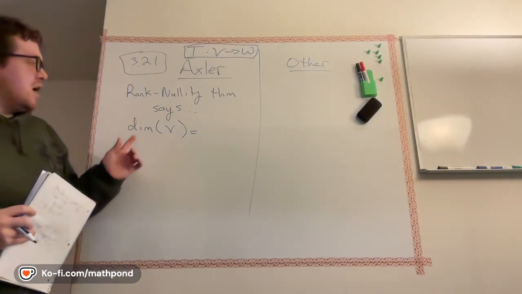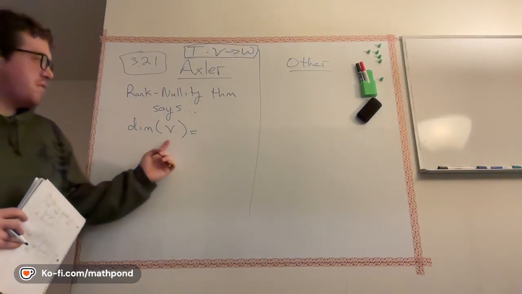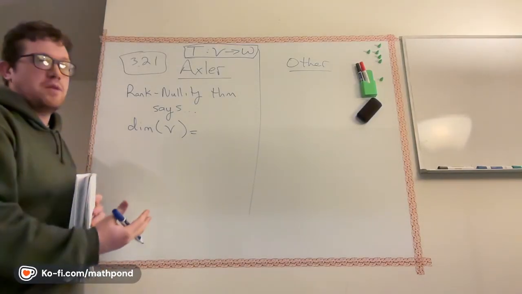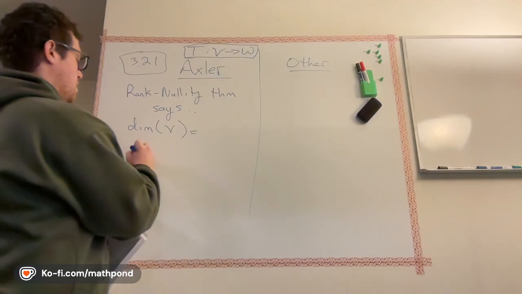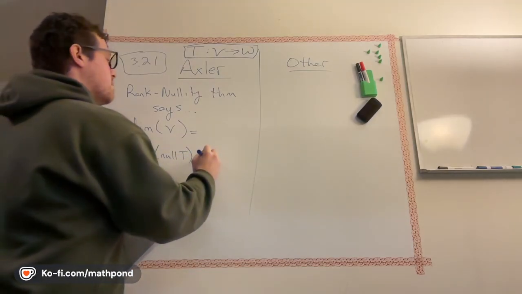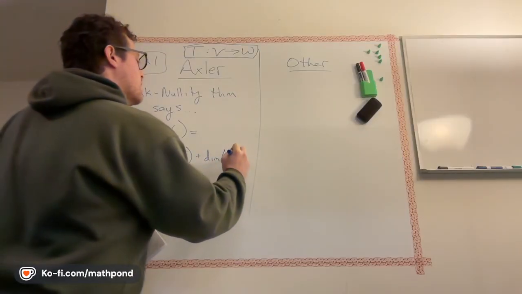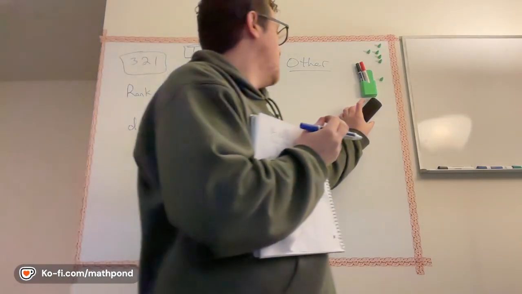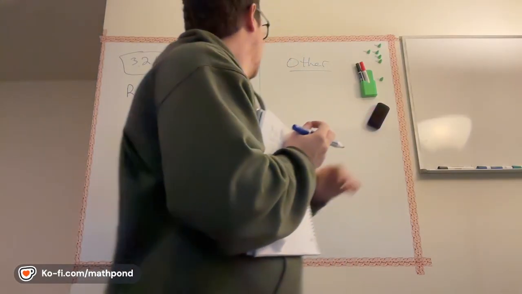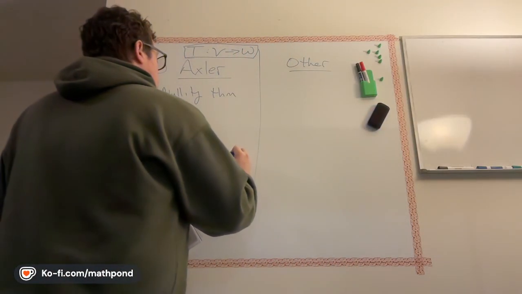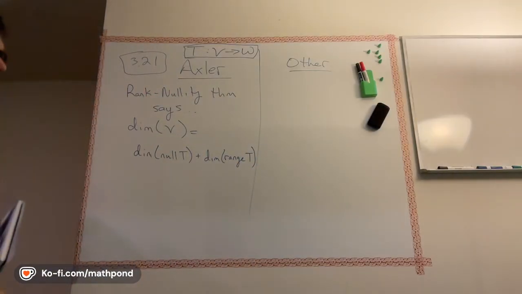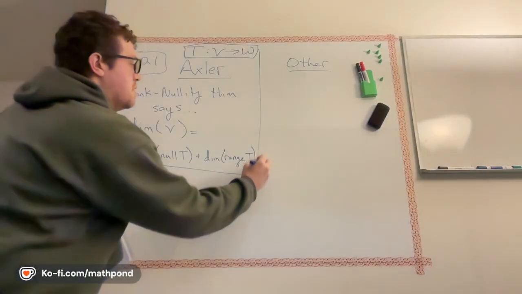So the dimension of V, this finite number, is the sum of the dimensions of these two spaces, the null space and the range. So this is the dimension of null T plus the dimension of the range of T. Okay, so this is the main statement.